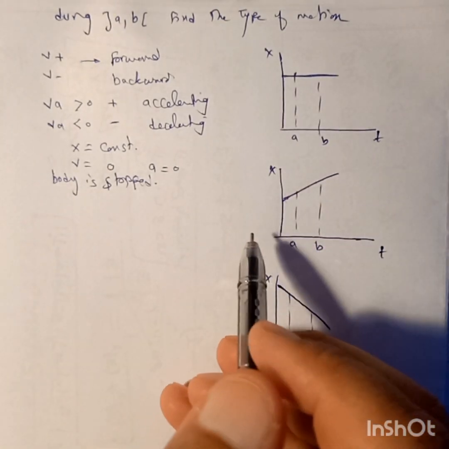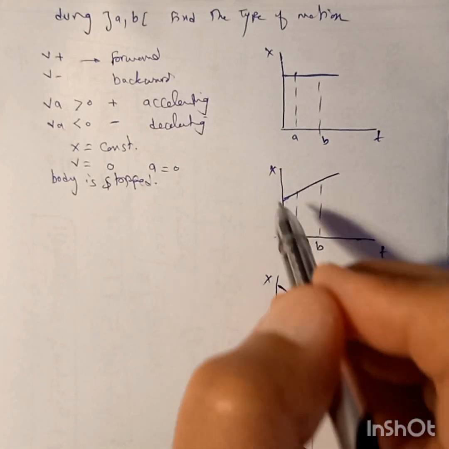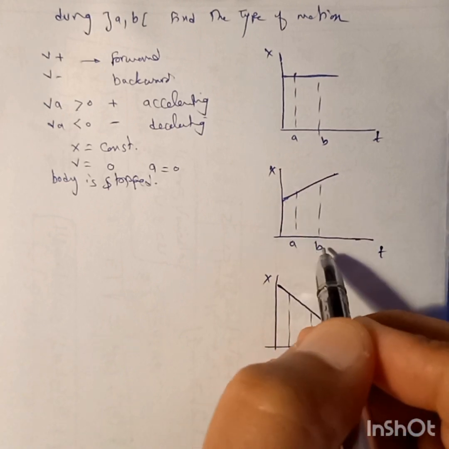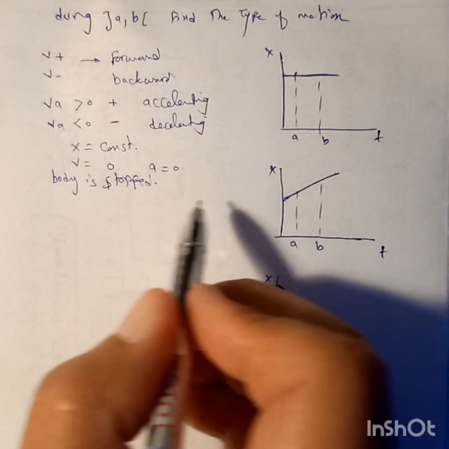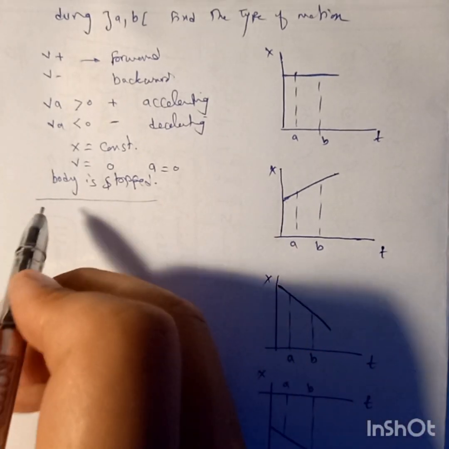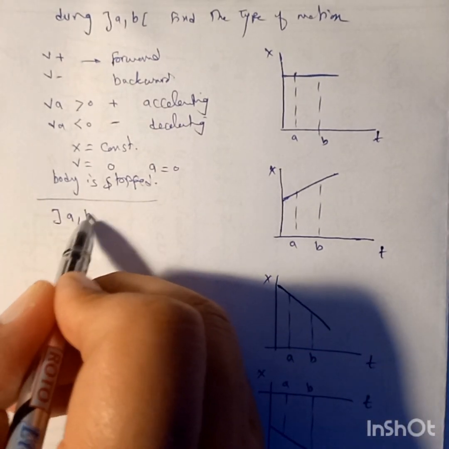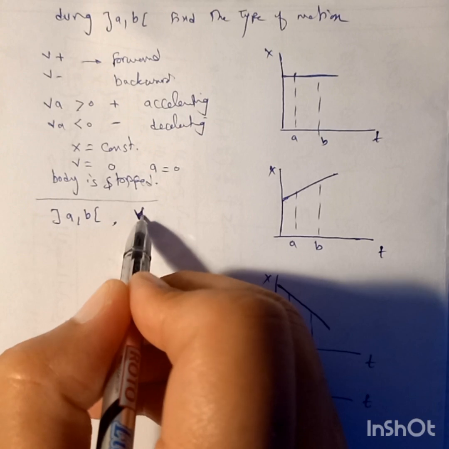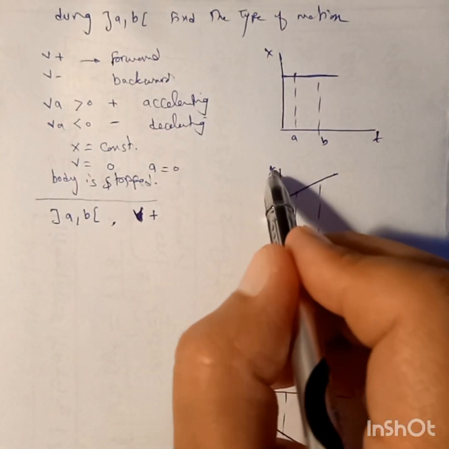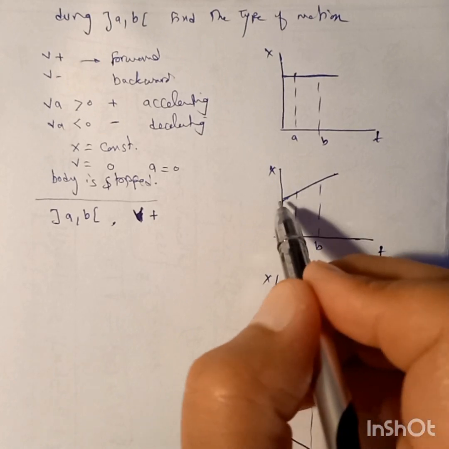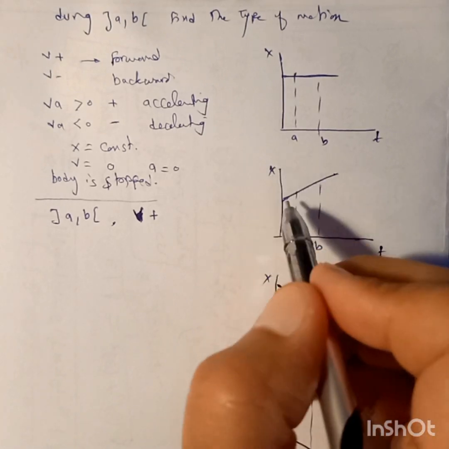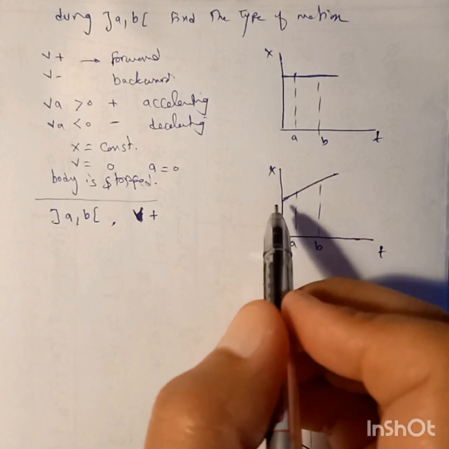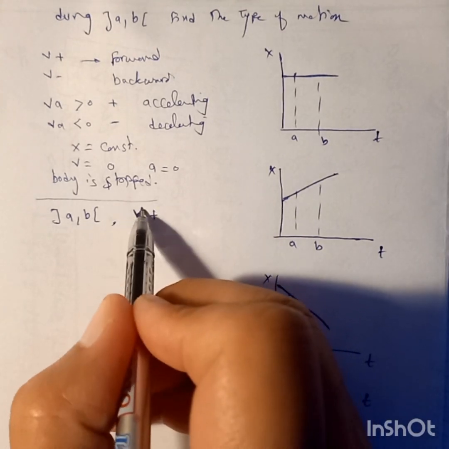For the second curve, we have a relation between x and t represented by this straight line within the time interval a and b. We need to find v first. Velocity is positive, as in this x-t curve the slope of the tangent to the curve, in our example a straight line, represents the sign of velocity.